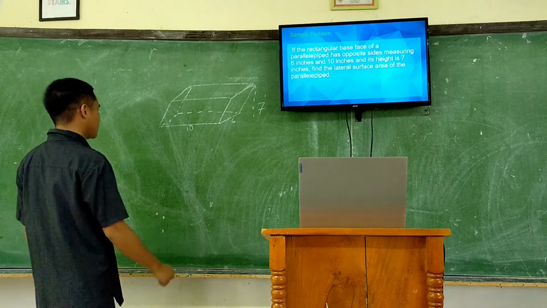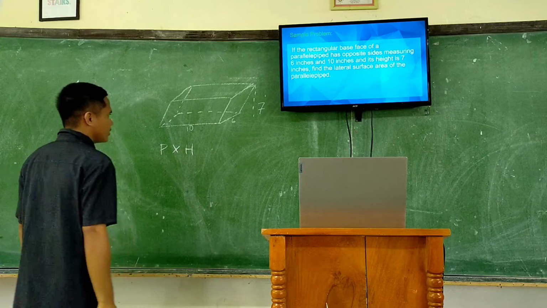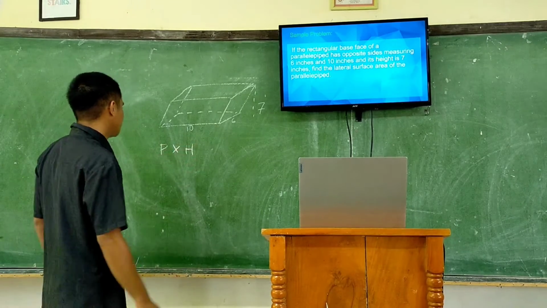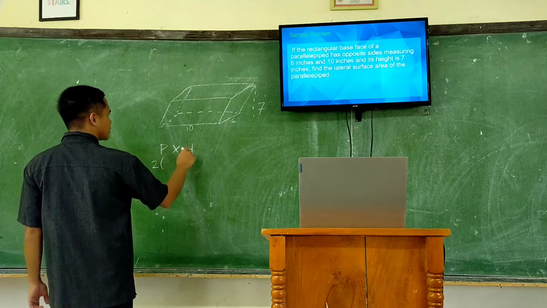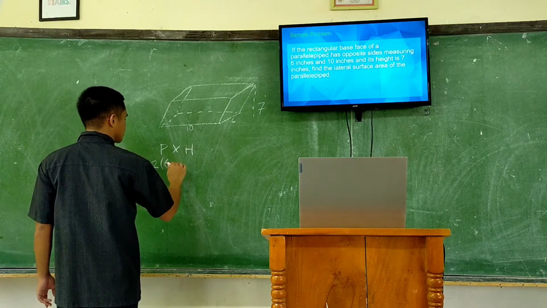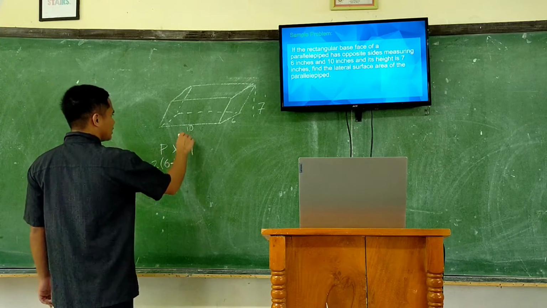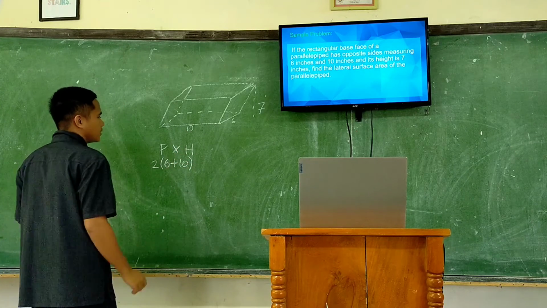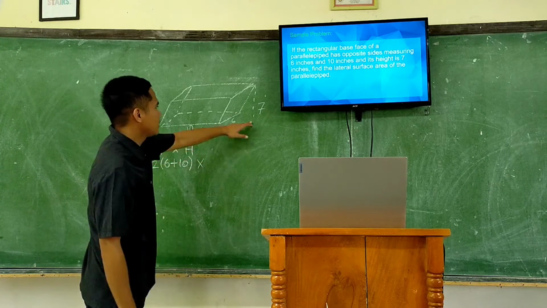At ang formula natin ay P times H. So, paano nga ba kunin ang perimeter ng base? Simple. 2 times the width, 6, plus the other side, 10, then multiplied by the height, which is 7.